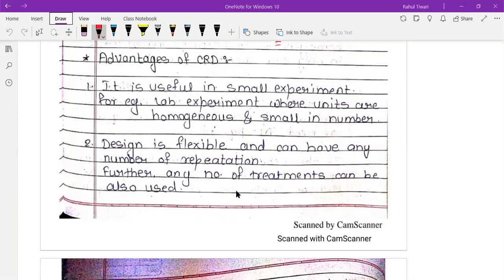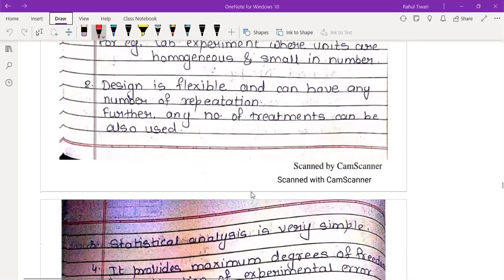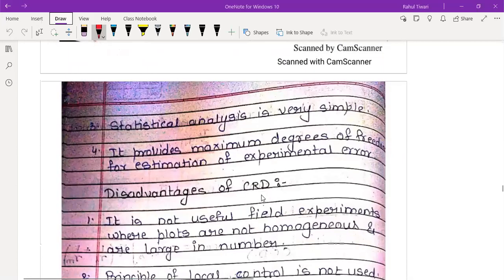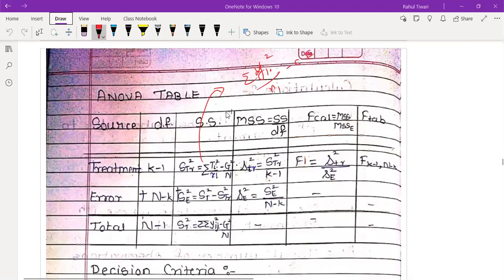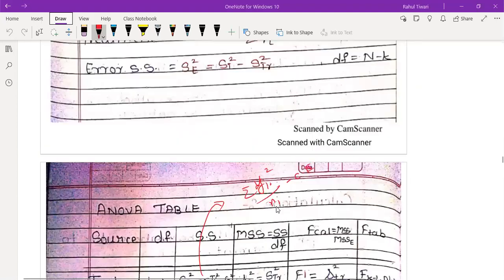The design is flexible and can have any number of repetitions. So you can do as many repetitions as you want. Further, any number of treatments can also be used. Statistical analysis is very simple. As you have already seen, the analysis becomes very simple because you need to just obtain the sum of squares and degrees of freedom as we have done in the case of one-way ANOVA.